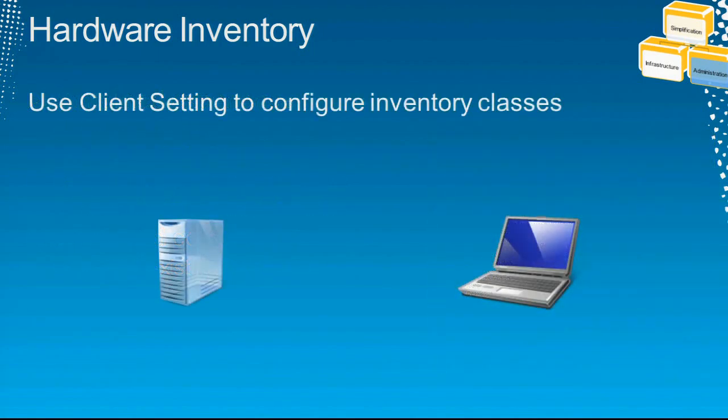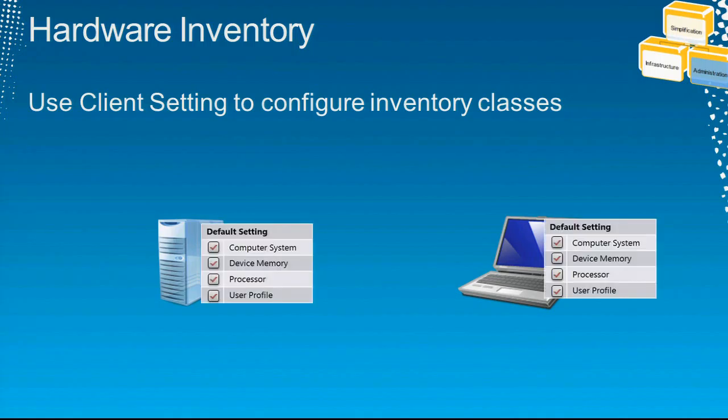So what you can do is configure your default client agent settings with all the classes that you might ever want to report from any client in your environment. So you configure a default SMS def mof for everybody, and that has all the classes anybody might want, but you only enable the classes and attributes that you want every client to report. So that's what your default settings are.